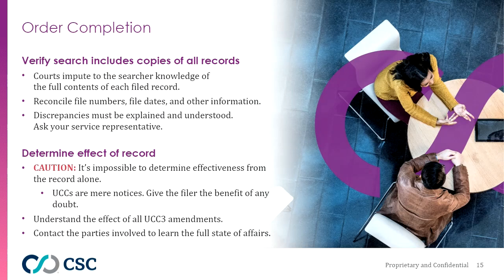But understand that if there are any issues with determining the effectiveness of a filing, that would really be between the parties involved, the debtor and a secured party, and, if necessary, a court, a judge, to render some sort of judgment. So in knowing that, you may need to dive into and research further issues that need clarity.